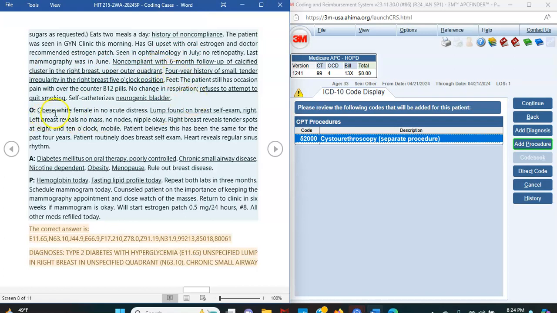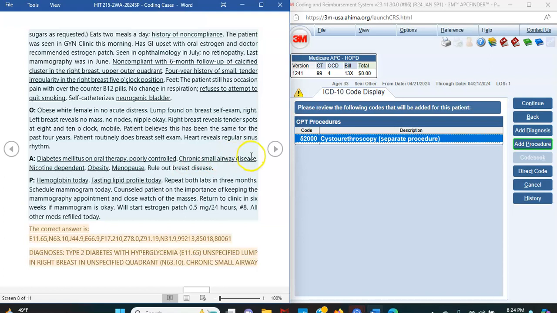And here it says she's obese, lump found in the breast self-exam on the right. Let's see, diabetes, which we saw up there, on oral therapy, poorly controlled, probably due to the non-compliance.